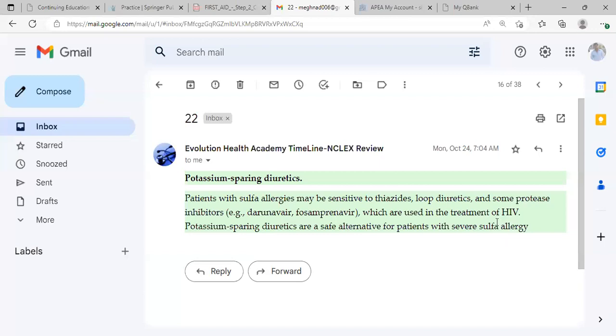So if a patient needs the medication but has an allergy to sulfur, we give them potassium sparing diuretics, right?